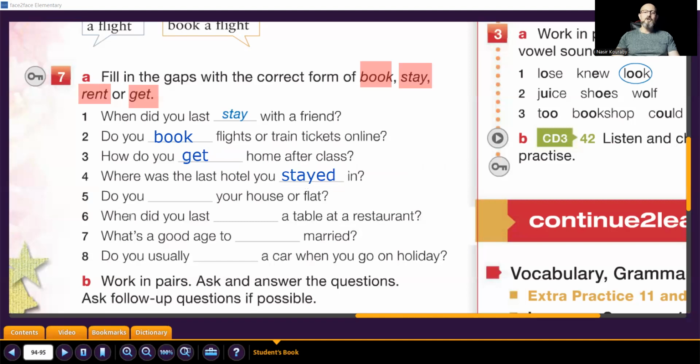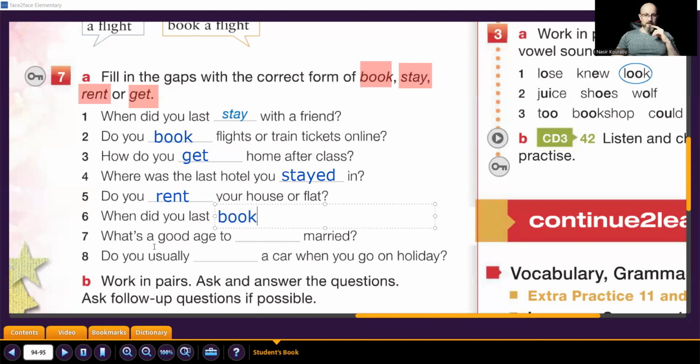Number 5, do you blank your house or flat? Do you what? Do you rent your house or flat? When did you last blank a table at a restaurant? Of course, here we have book, infinitive, because we have did.